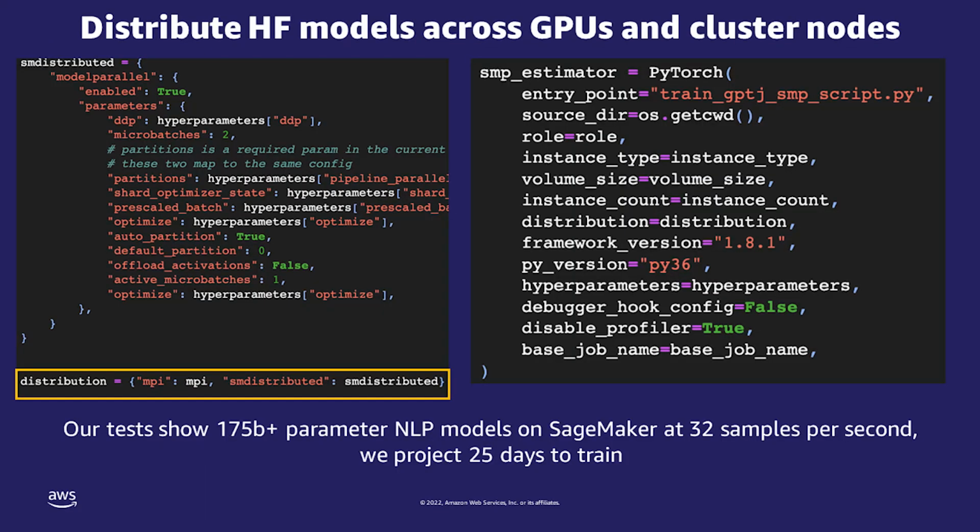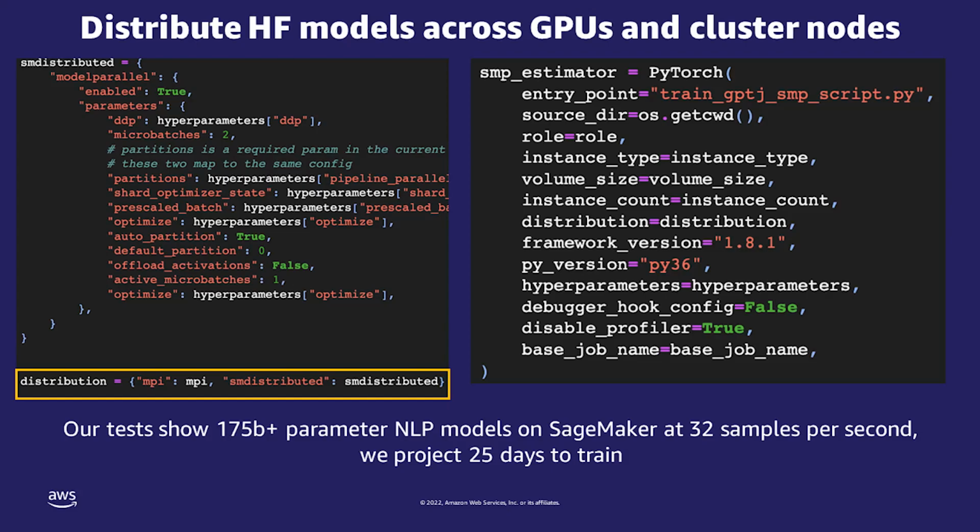We can also distribute our Hugging Face models across many GPUs. So it's a really exciting time where we see, obviously there's so many NLP startups out there, and there's so many models that are running on thousands of GPUs, tens of thousands of GPUs. You'll see very aggressive training schedules.